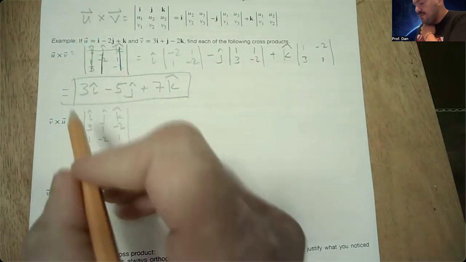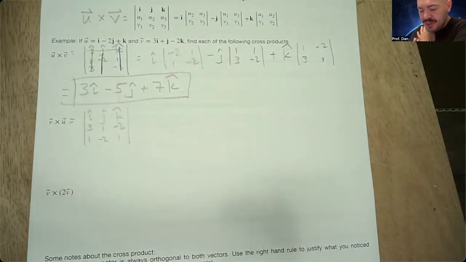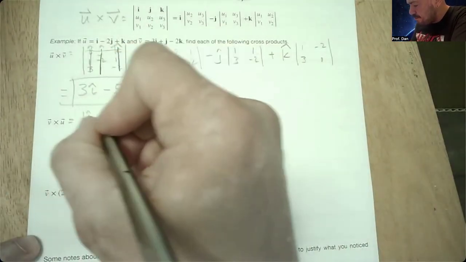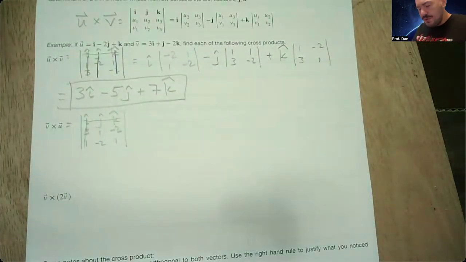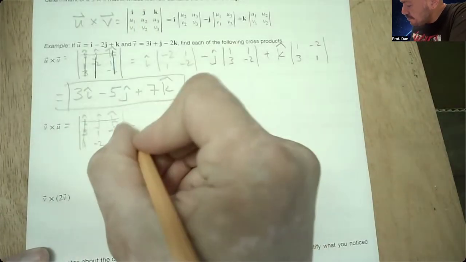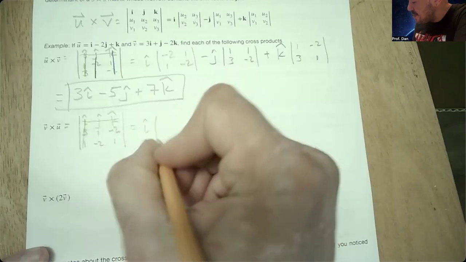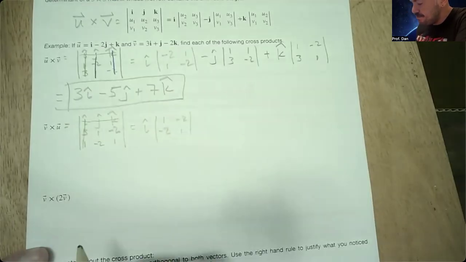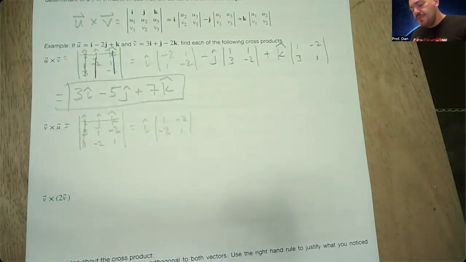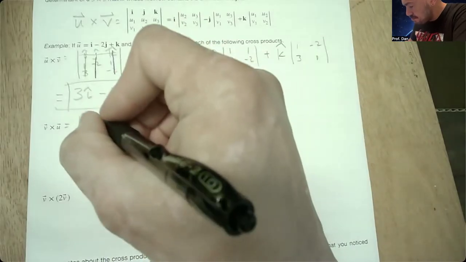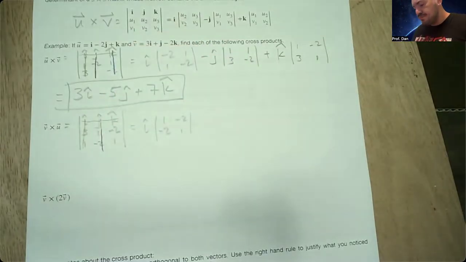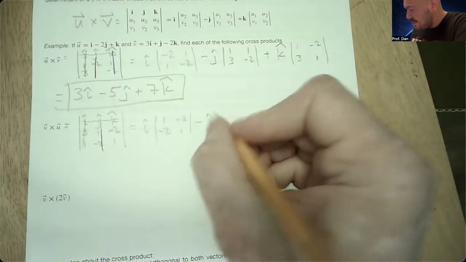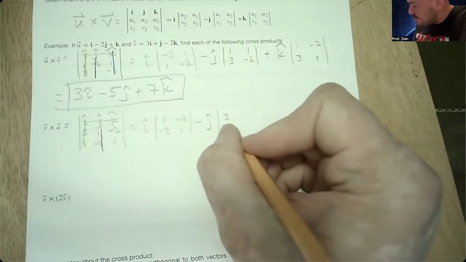And then we do the same thing. So if you cover up the i column, we get i times the determinant of this matrix. If you cover up the second column, we end up getting minus j times the determinant of this matrix.